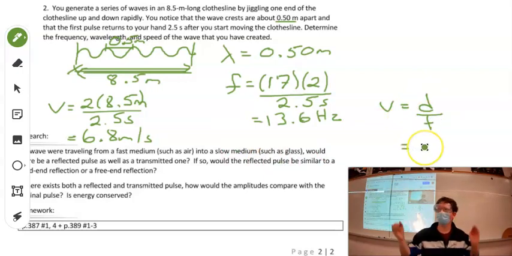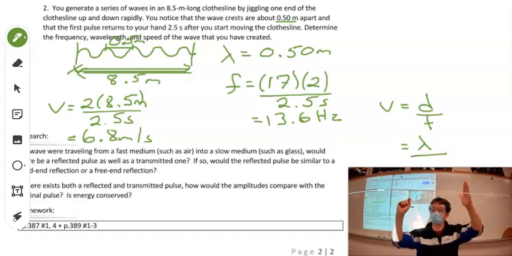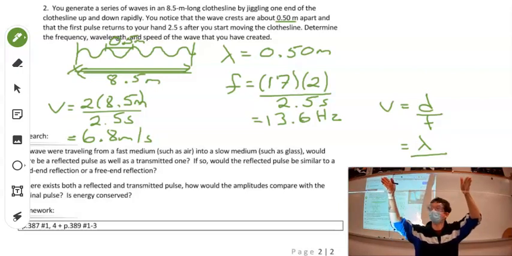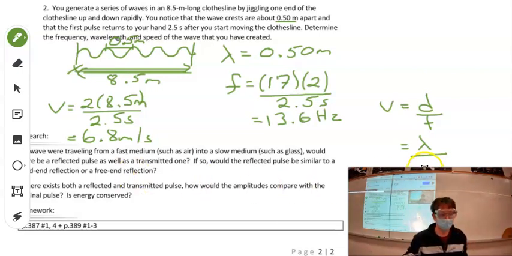But if our distance is simply one wavelength, it's also the wavelength divided by the period. Because remember what the period is? The period is defined as the time it takes for one cycle. So the time it takes for one crest to go from here to here, which is perfect.